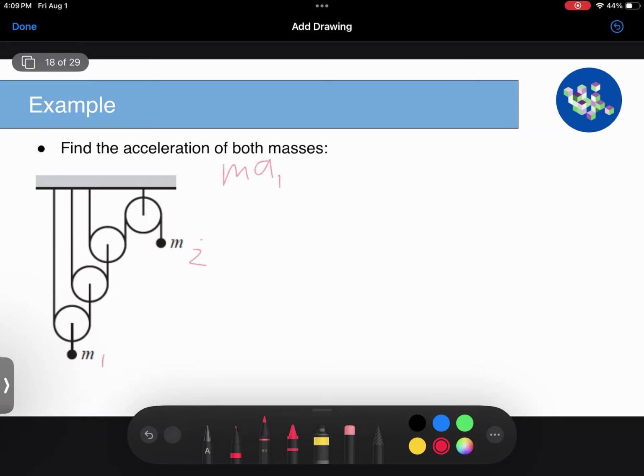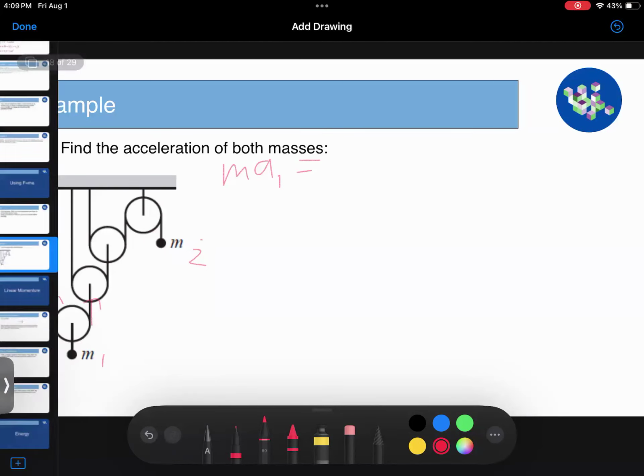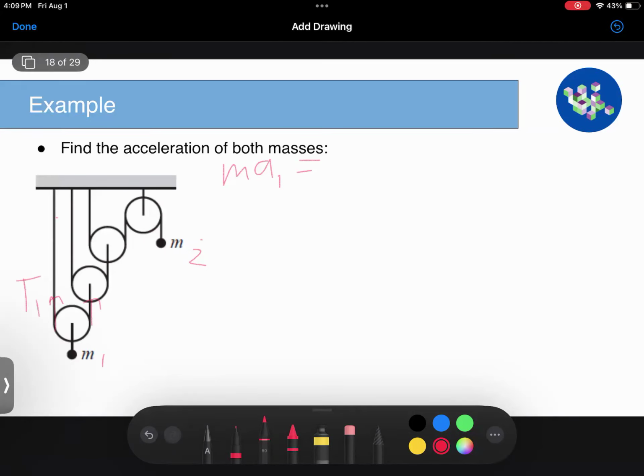So m a1 equals, for example, if this string has tension T1, and this string will have tension 2T1, right? So m a1 equals 2T1 minus mg, right?